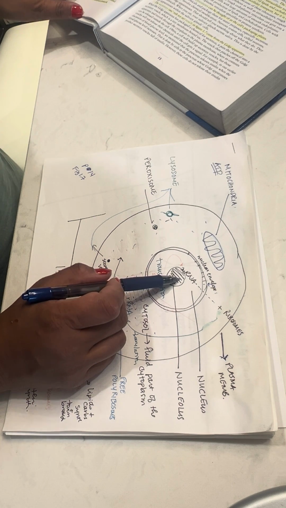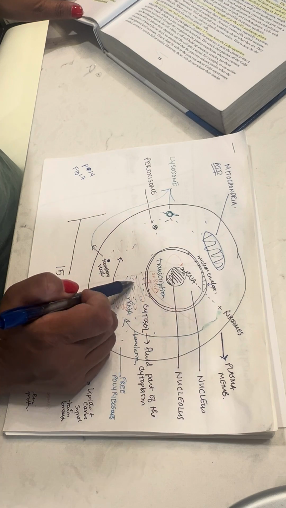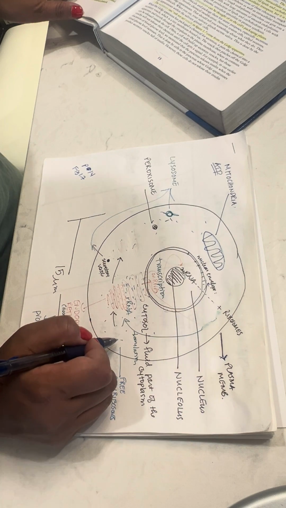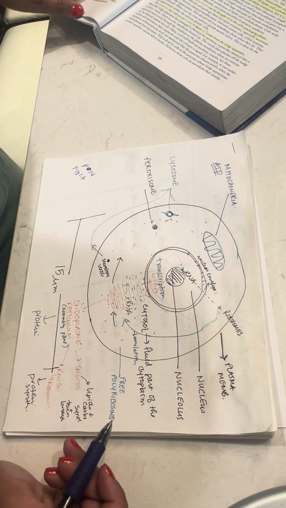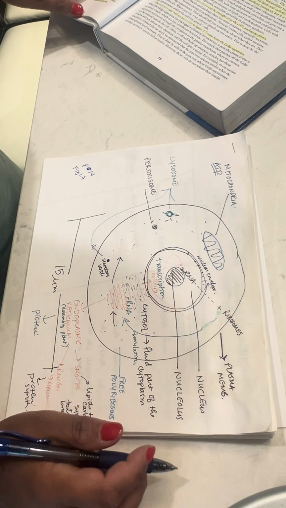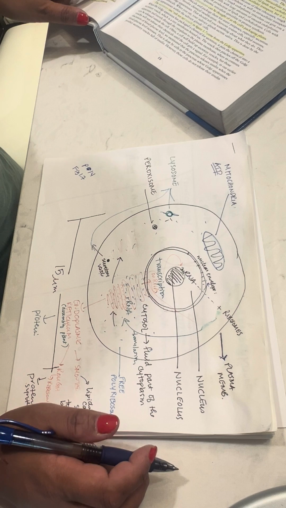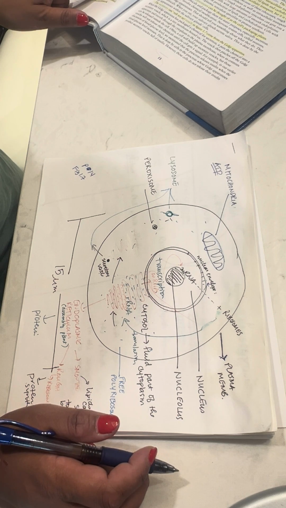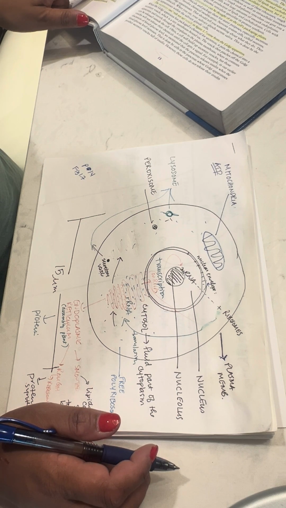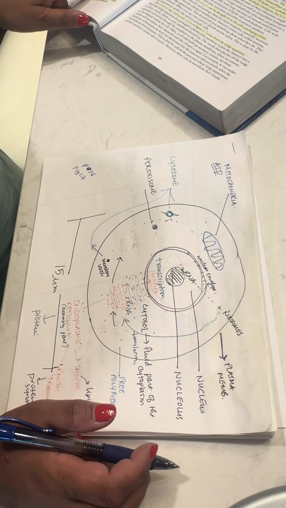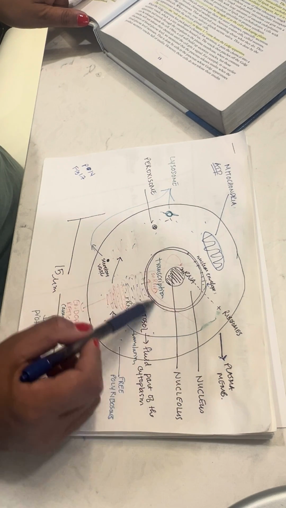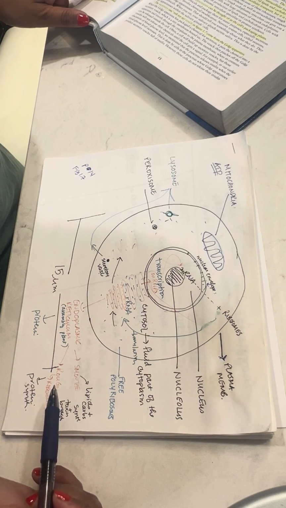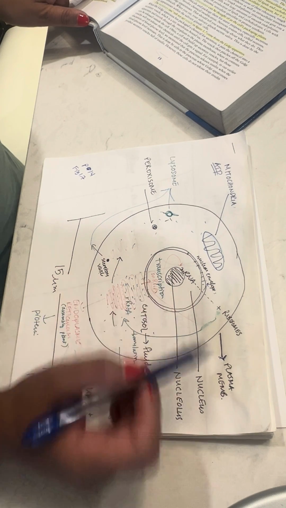Now, this nucleus contains genetic material, okay? And this is DNA. You guys know it as DNA. I know you've heard of that before. The DNA is known as deoxyribonucleic acid, okay? Also within this, you get RNA, okay?